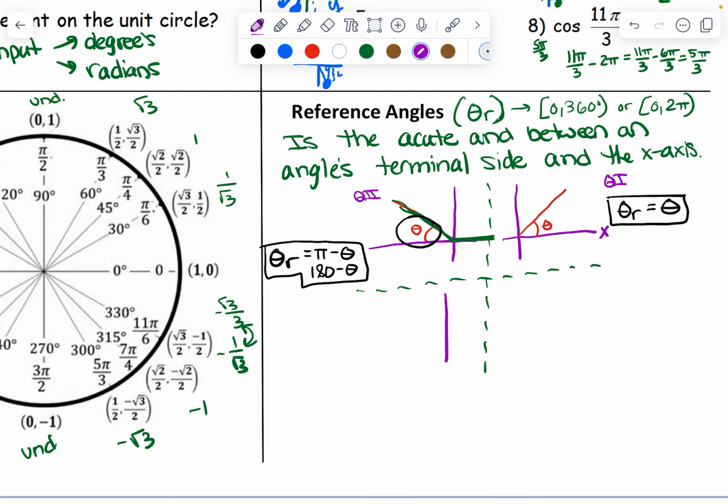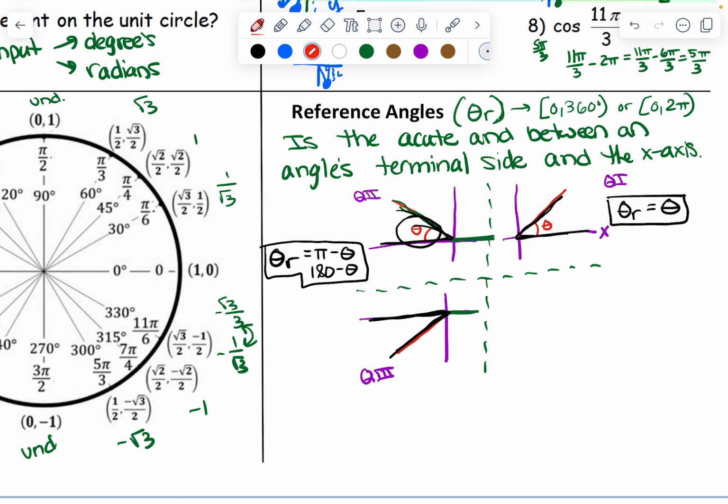Quadrant 3. It's going to be a very similar approach, but say that we have our initial side here, and our terminal side will be here. So I'll try and draw, let's see, I'll put it in black. So our reference angle is here, and then now we have this angle that opens up, which means our reference angle will be here.